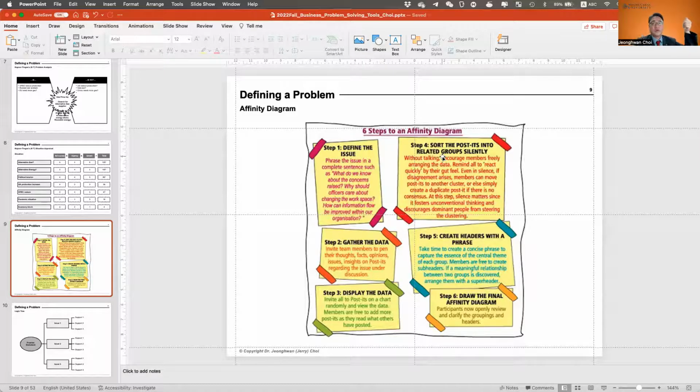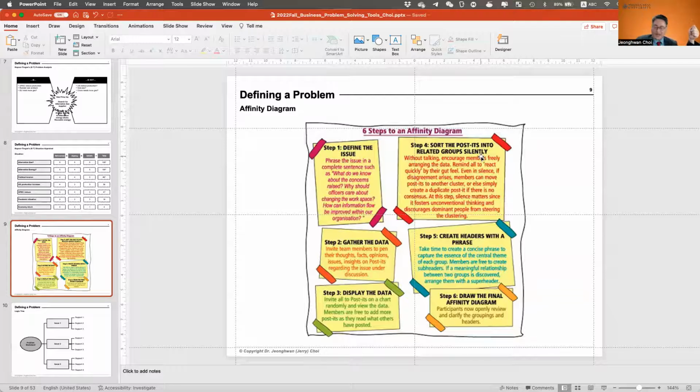And we sort the post-its into related groups silently. Somebody says decreasing the OPEC gas volume is the problem, so OPEC here. Somebody says a few suppliers decrease their volume, or just close the valve.